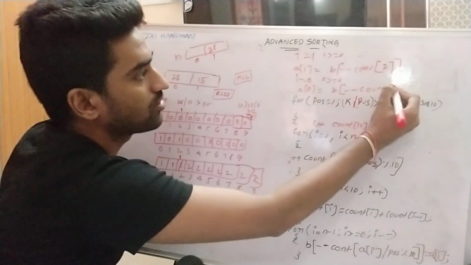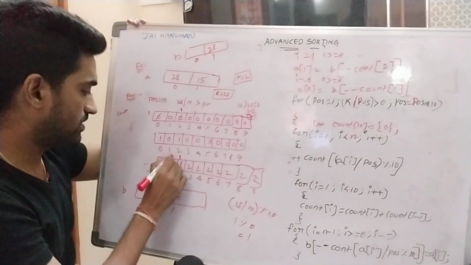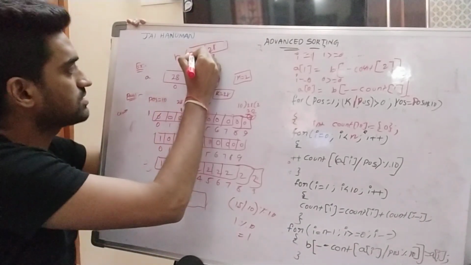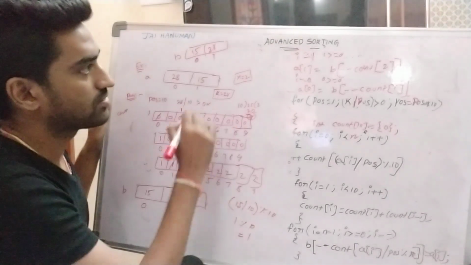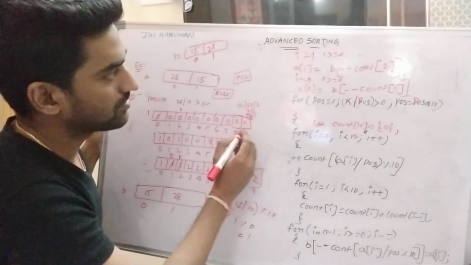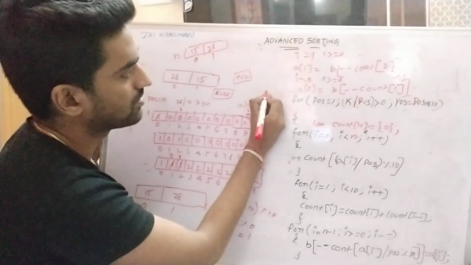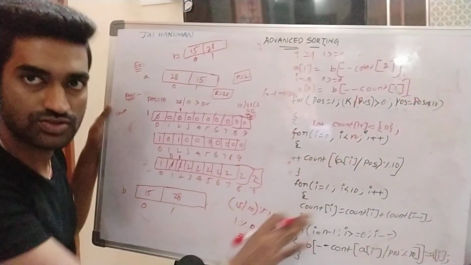So go to count of 1, decremented by 1. So at the 0th position we are inserting A of 0, that is 15. Now the i value is decremented by 1. i is equal to minus 1, greater than or equal to 0? The condition is failure. We can stop the process.